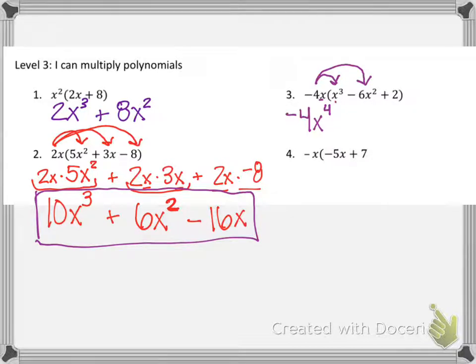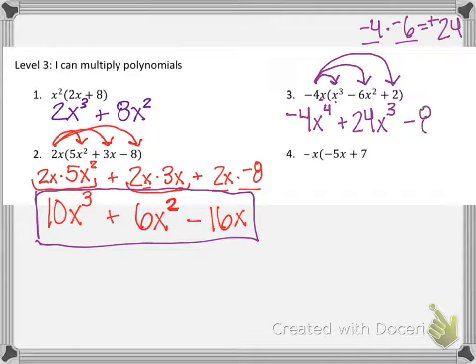So negative 4 times negative 6 is a positive 24, because a negative times a negative equals a positive. And x times x to the second power is x to the third power. And my last one, negative 4x times 2 is negative 8x. That's my final answer.